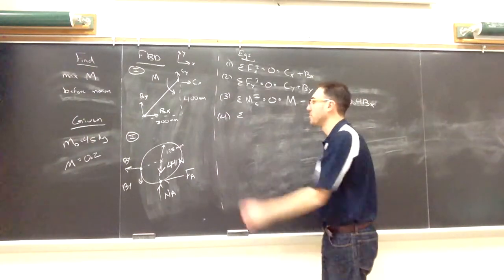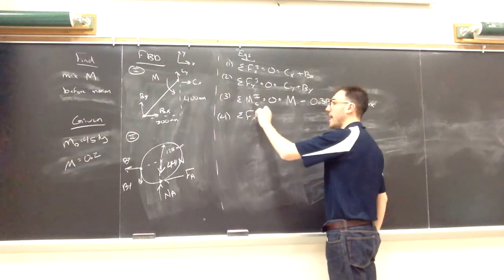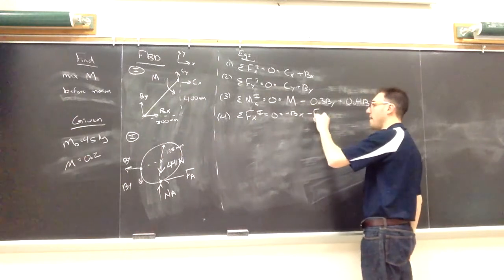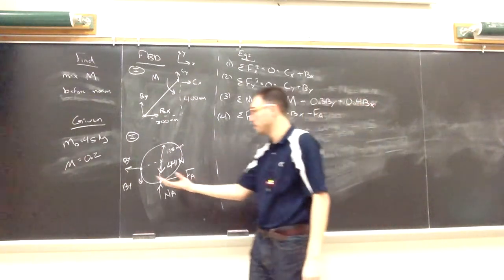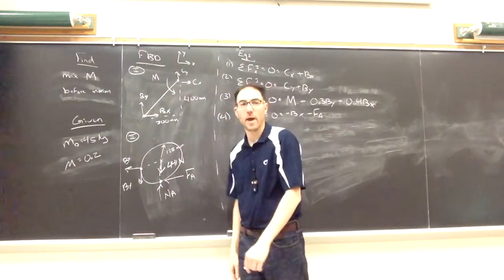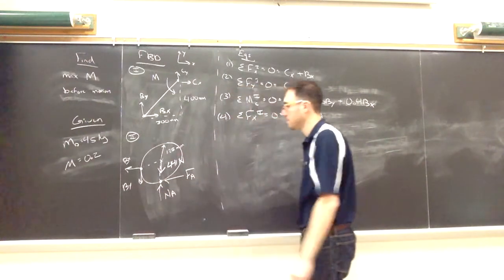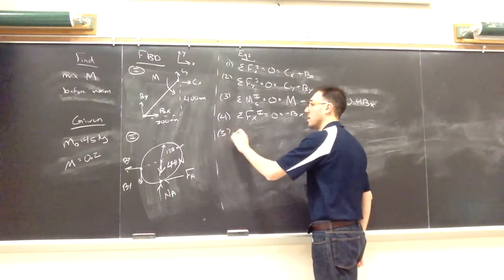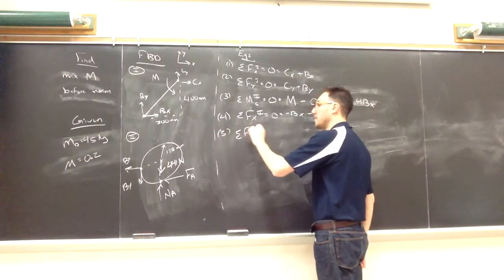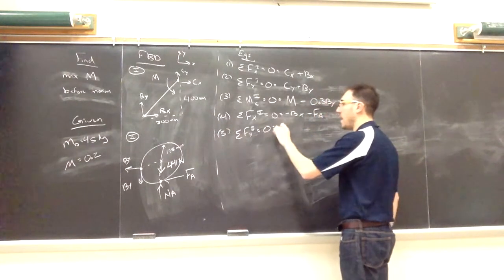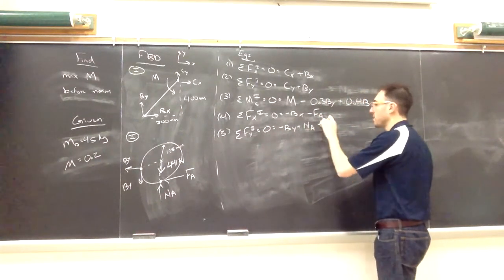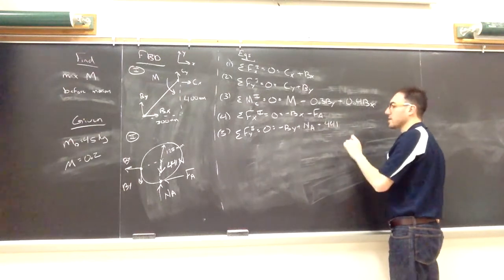Looking at picture number 2, if I sum forces in the x, I'll get my negative Bx minus Fa. Again, I'm presuming that it wants to slide to the right, so Fa is pointing to the left. In my y direction, I'll have minus By plus Na minus 441, the weight of the disk.